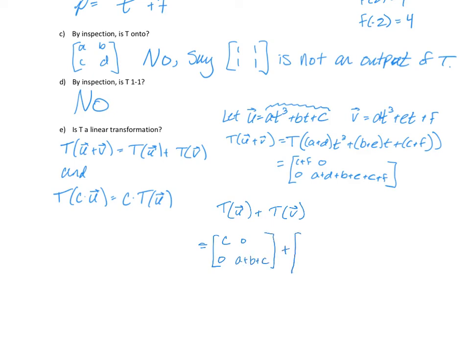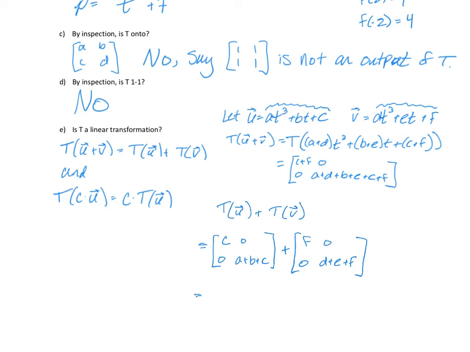Then T of V: I plug this polynomial into the formula for T, the matrix thing, 0, 0. P of 0 would be f, and P of 1 would be d plus e plus f.